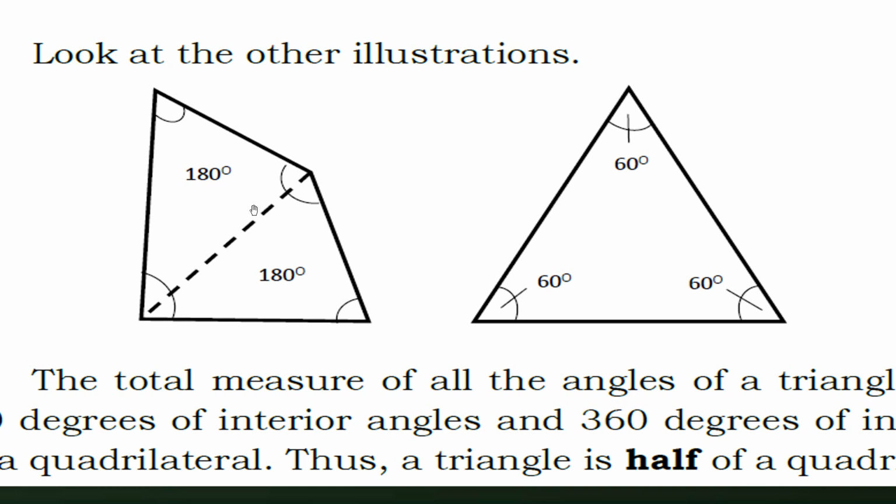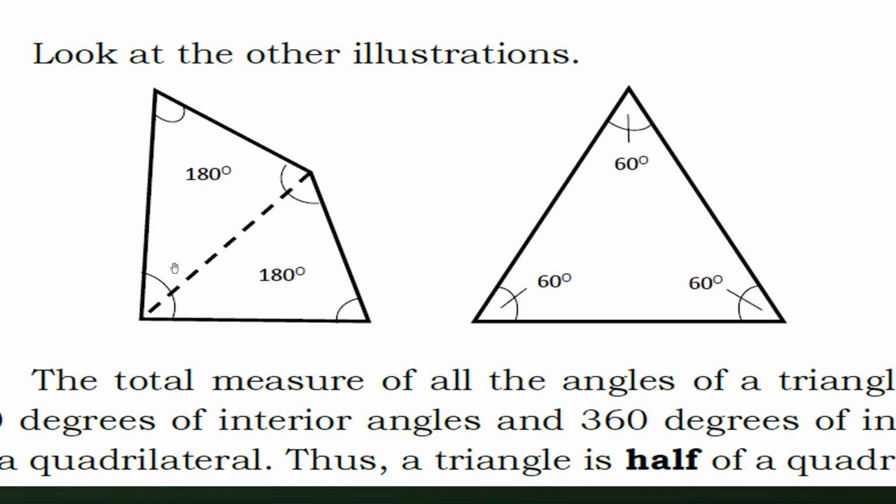That means that if we divide a quadrilateral into 2 parts diagonally, we can get 2 triangles with 180 degrees each of interior angles. So, if we divide the quadrilateral, we can get 2 triangles, because as you can see, the total of this quadrilateral is 360 degrees.